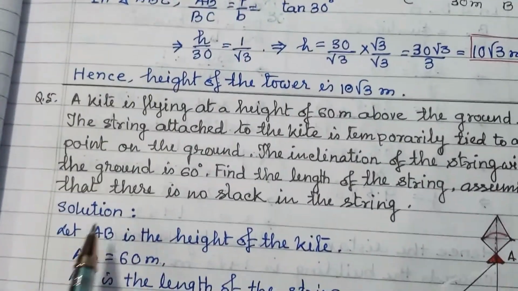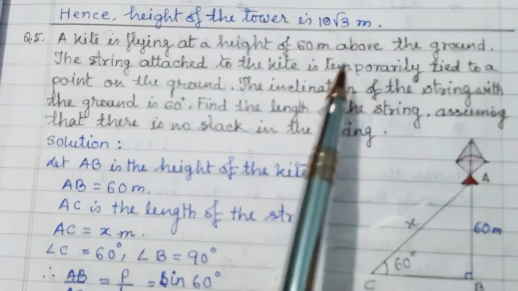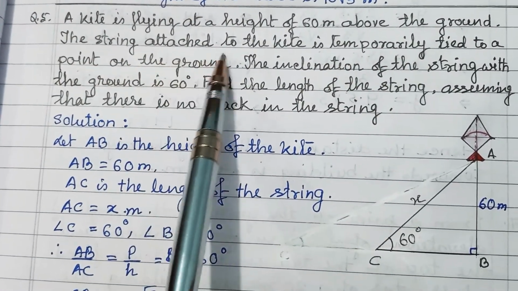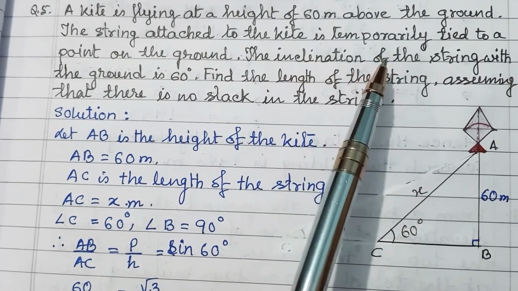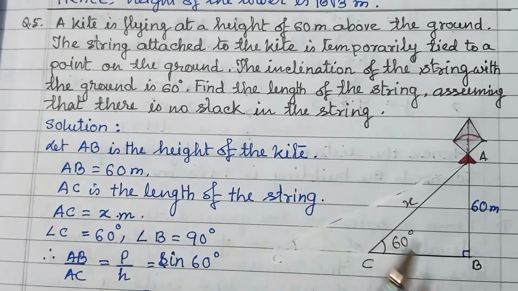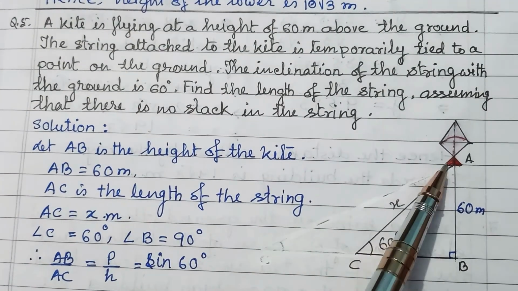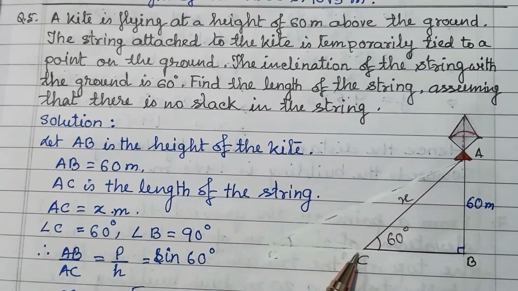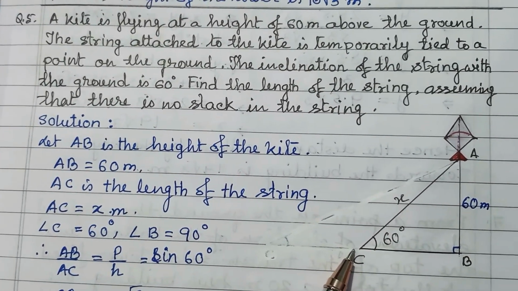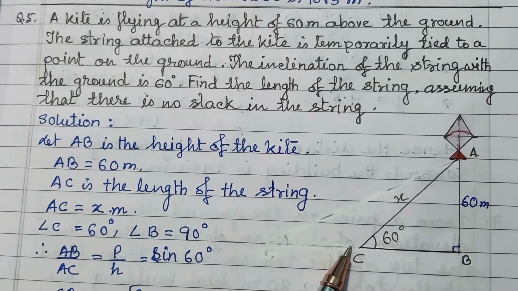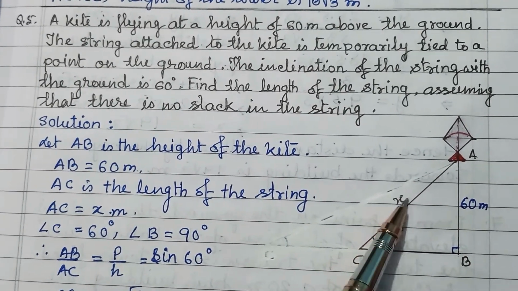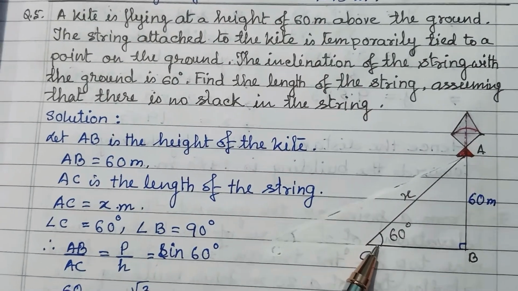Next question is, a kite is flying at a height of 60 meter above the ground. The string attached to the kite is temporarily tied to a point on the ground. This is the kite, and the string is temporarily attached to the ground at the point C. The inclination of the string with the ground is 60 degree.